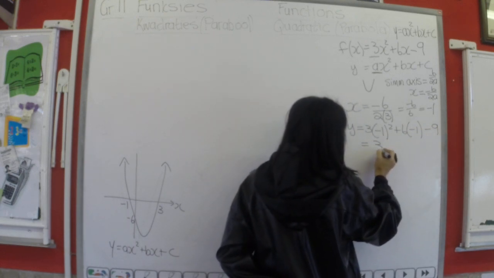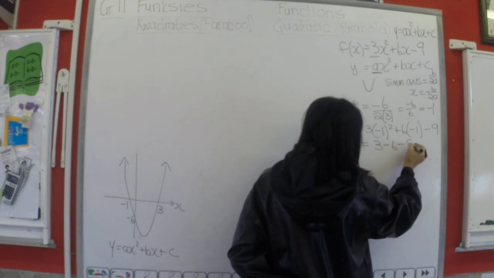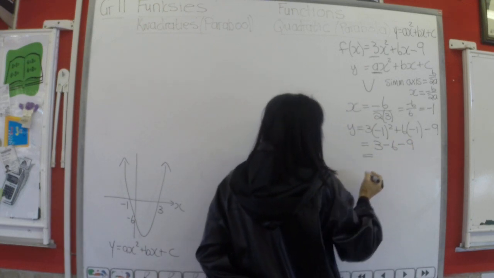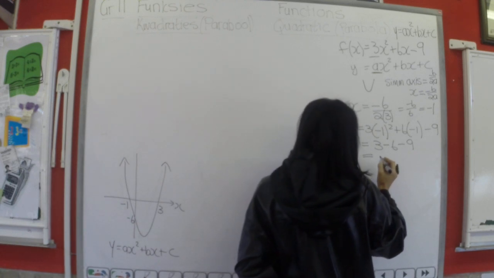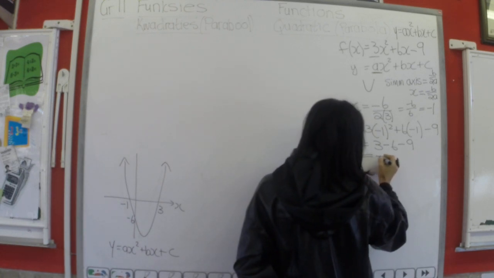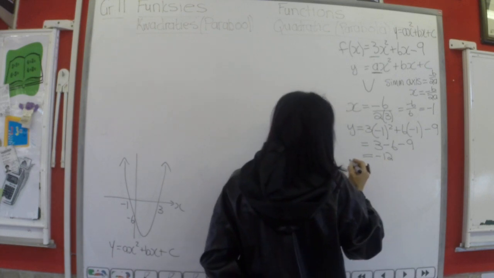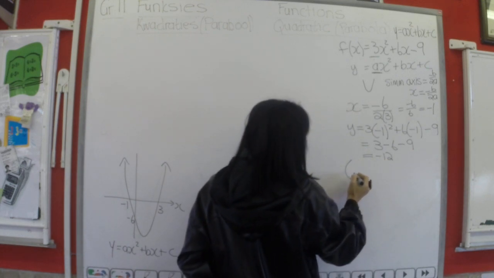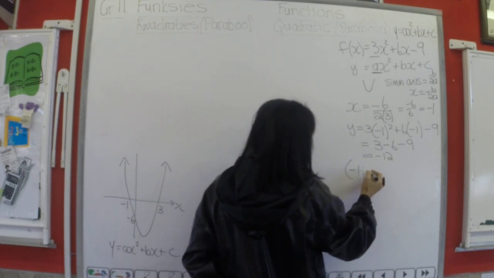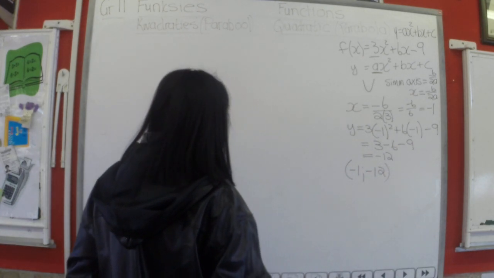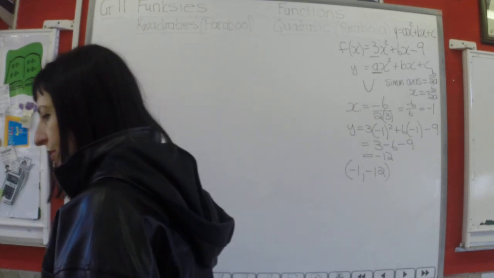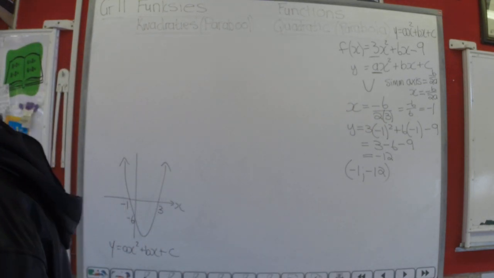And if you substitute minus 1 into the place of x, then we've got 3 minus 6 minus 9, and that's going to give me minus 15 plus 3, that's going to give me minus 12. So ek het dan 'n draaipunt van minus 1, minus 12. The turning point.